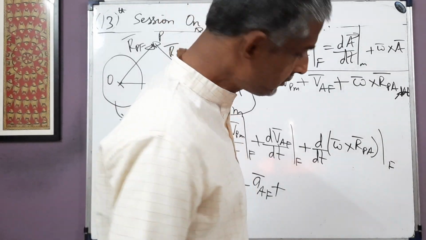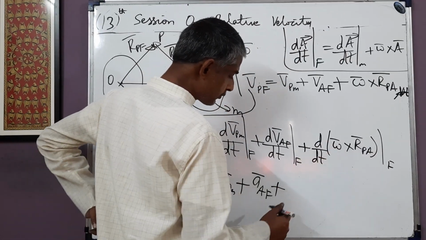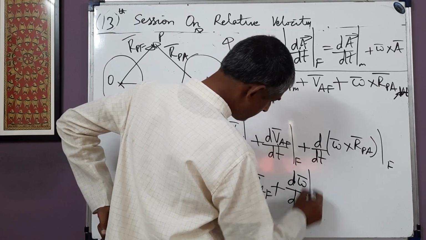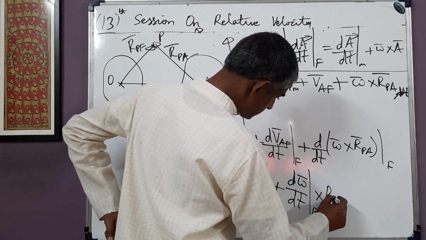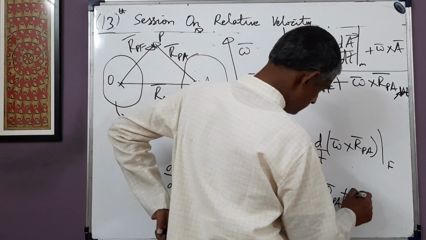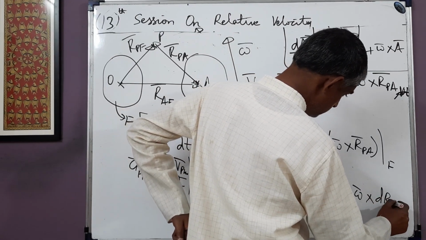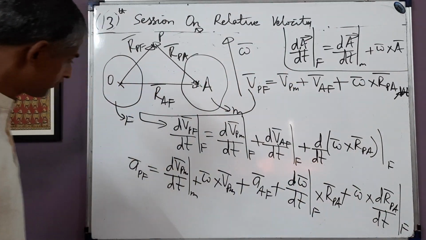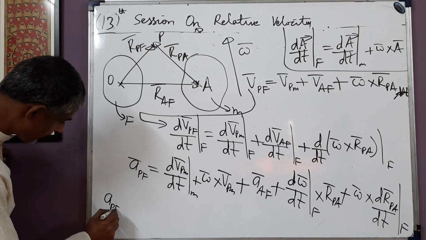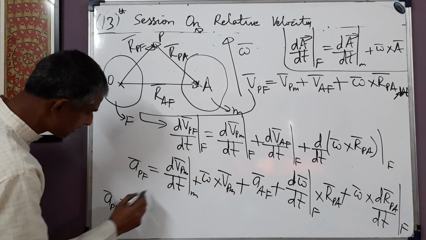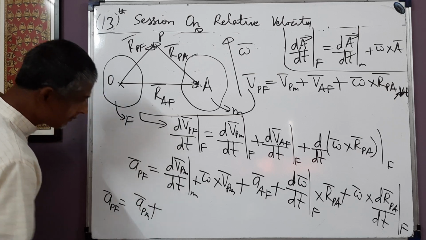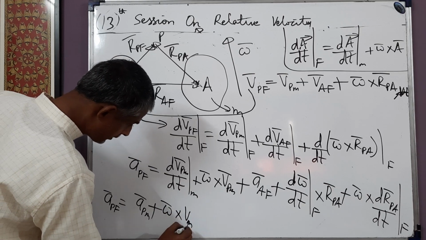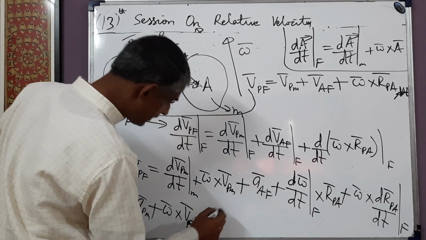We cannot change the order of the terms, so from the product rule of calculus we'll write it as d omega by dt in frame F cross RPA plus omega cross dRPA by dt in frame F. So we get APF is equal to APM plus omega cross VPM and this is AAF.